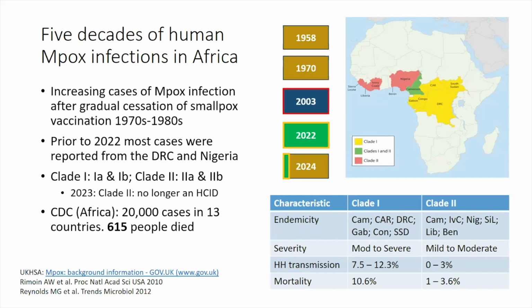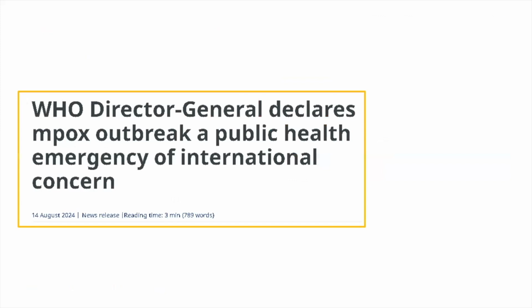But from this summer of last year, there were reports from countries beyond these, like Rwanda, Burundi and Uganda. And now we have more than 20,000 cases in these countries and beyond, as far as Thailand and Scandinavia. And so far, 615 people died. So that is the situation now, a clade 1 outbreak with a subgroup that is being described.